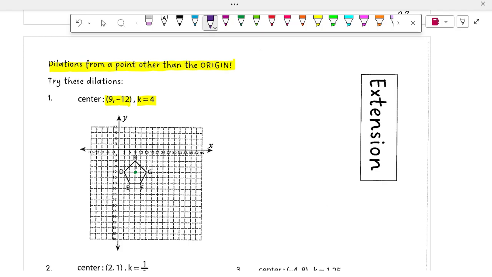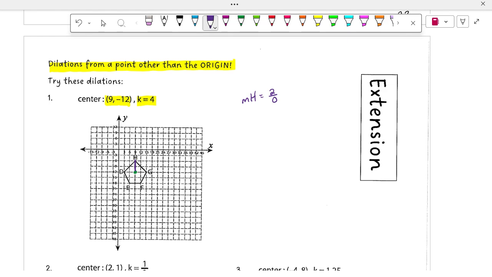So similar to how we found slope from all the points on rotations, if I go from my center, I only have to go up 2 to get to H. So the slope for H, my rise is 2, my run is 0.